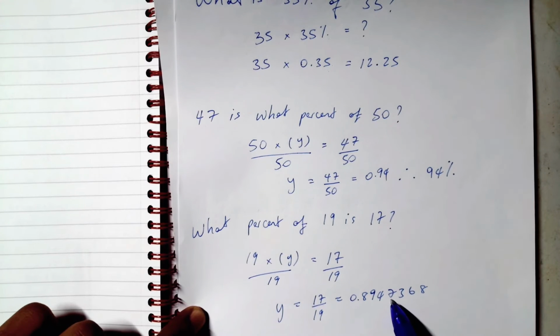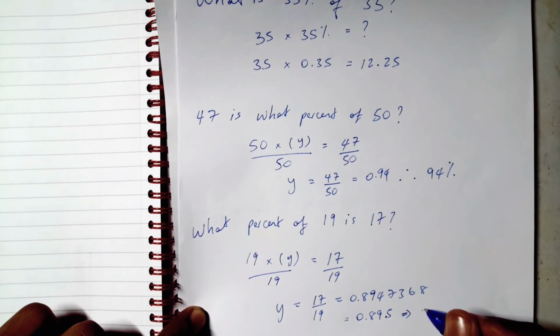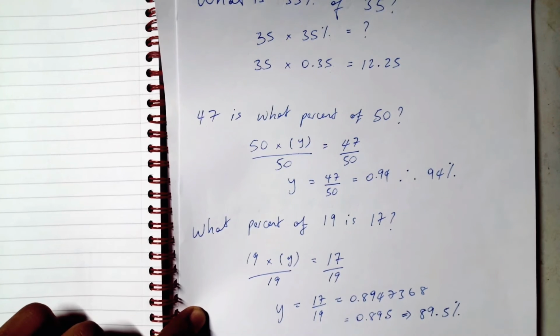This is kind of too much, so we just leave it to, say, 3 decimal places. Because the 4th decimal is greater than 5, we round the 4 up to 5. So it can be rewritten as 0.895, which is 89.5%.